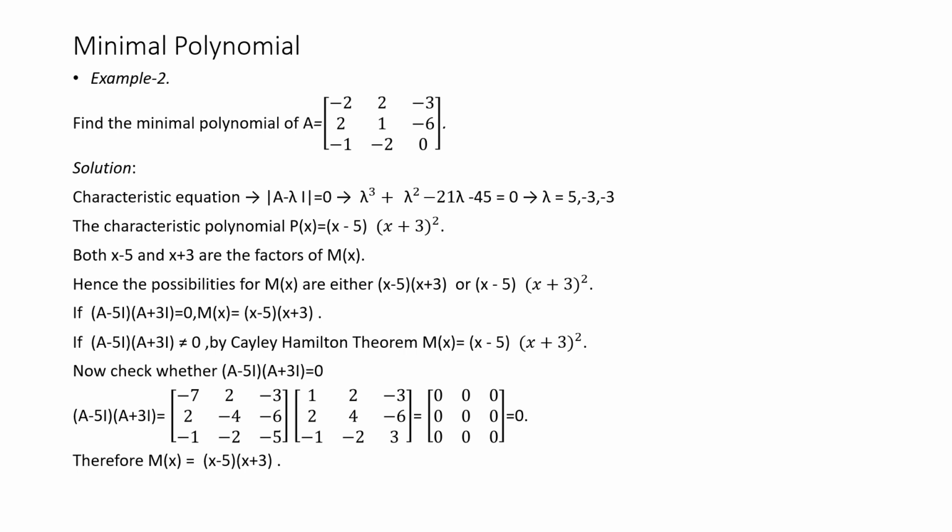Here, the factors of p of x are x minus 5 and x plus 3. Both these factors should be present in m of x also, maybe with different multiplicity. So, the two different possibilities for m of x are either x minus 5 into x plus 3 or x minus 5 into x plus 3 the whole square.